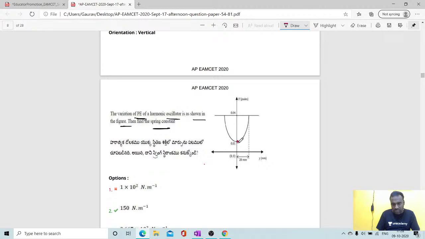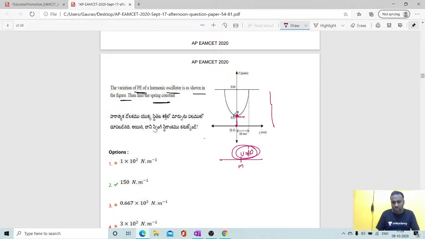So at this point at t is equal to 0, there is certain potential energy. Generally we will consider that always at the mean position potential energy is 0. But for the given question, if you see there is some potential energy. So its potential energy is not equal to 0 at this point. Since potential energy is not equal to 0 at this point, what is the energy initially? 0.01 is there.